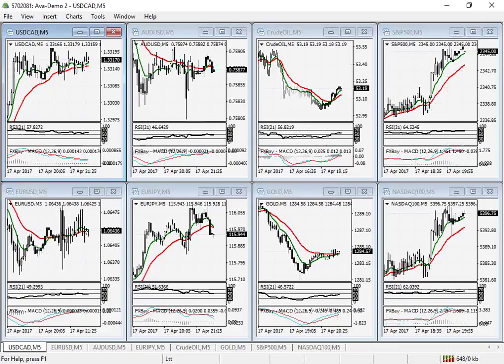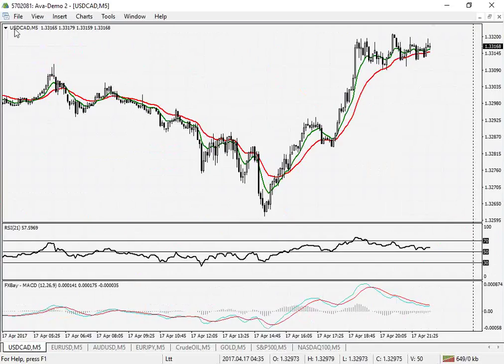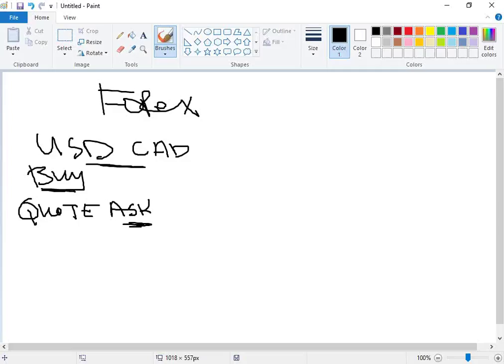And if you go over to the software, which is called MetaTrader 4, this is the one we're going to be using, and I pull up the US Canadian, I'm just going to pull this little arrow down. This is your buy price. It says 1.33205. So the asking price is 1.33205. Basically, the bank says, here's the quote.